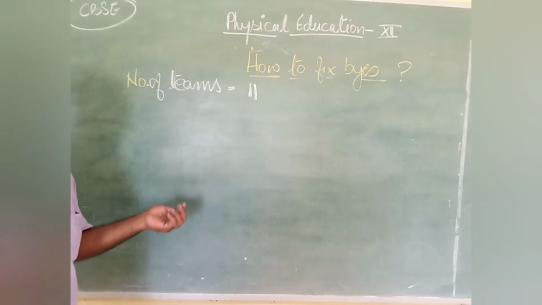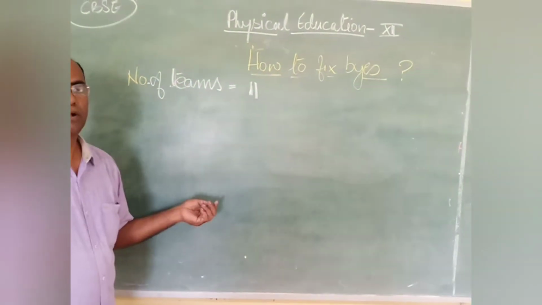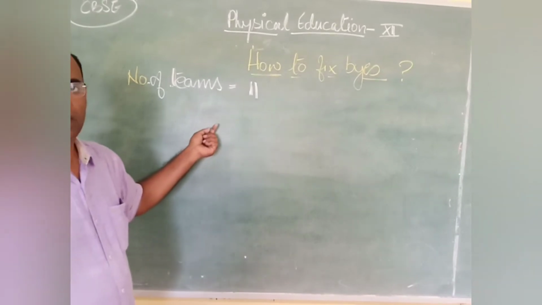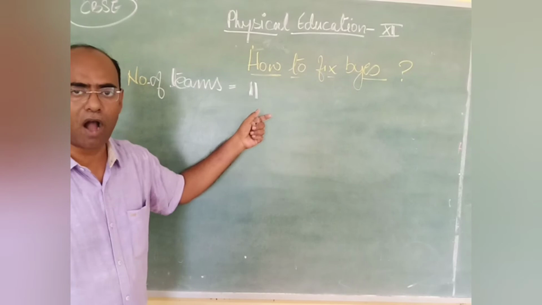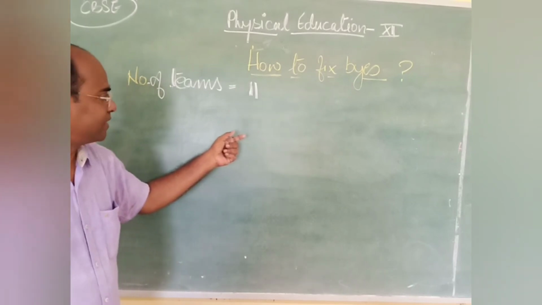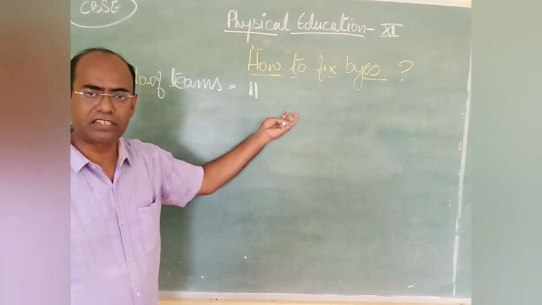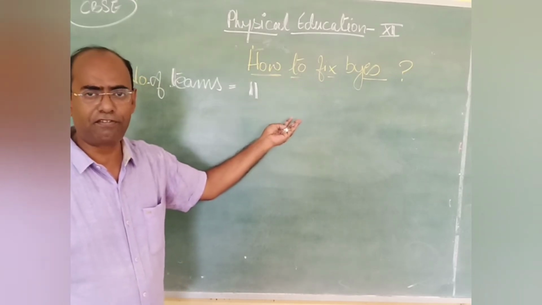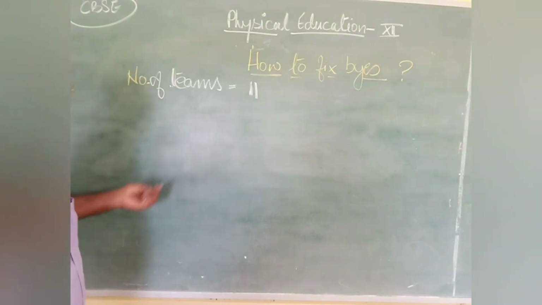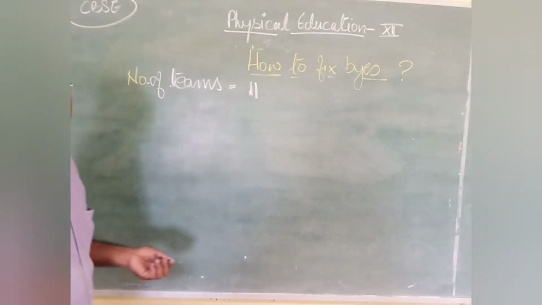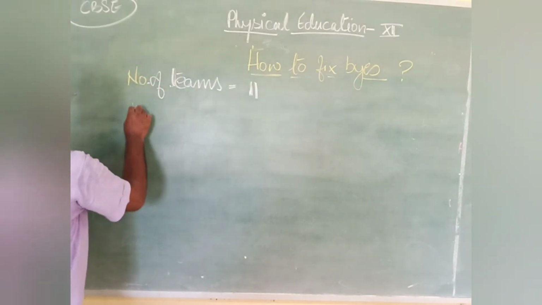Okay, number of teams 11. So next question is that if the number of teams are 11, in the last module I have already shown how to divide the teams into upper half and lower half. In the n+1, like 6 teams were there in the upper half, and in the lower half 5 teams were there. So it's easy. So next is number of buys. How many buys will be given?